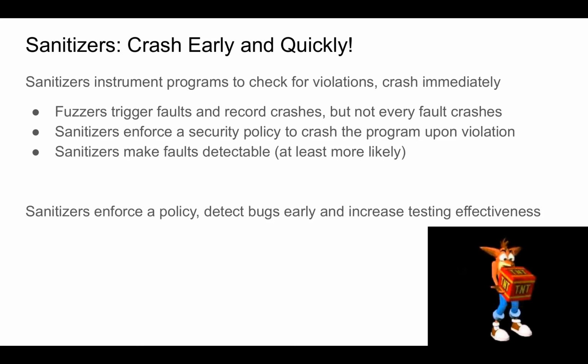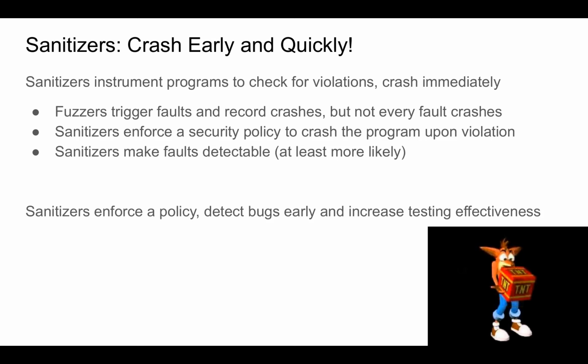So a sanitizer is an instrumentation pass in the compiler that instruments the underlying program to check for different kinds of violations according to the oracle that it enforces. Whenever the policy is violated, it crashes immediately.